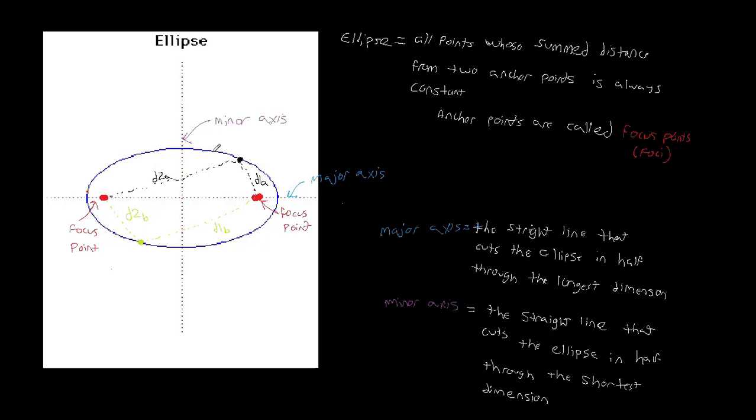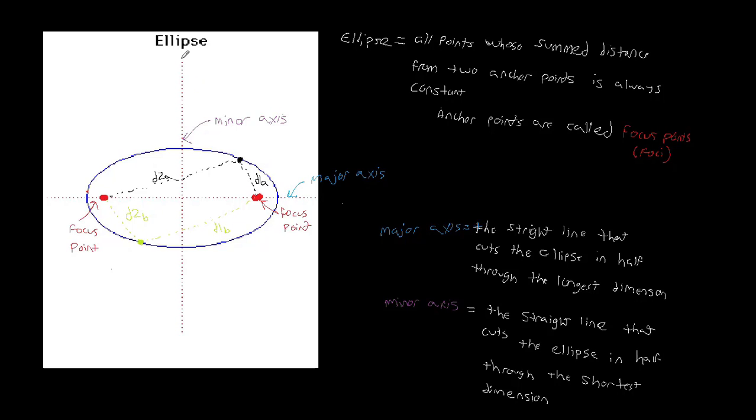Again, we defined that those two points that anchor the ellipse are called foci, or focus points. And then we talked about the two axes. You can imagine having some lines that cut the ellipse into pieces. One line going left to right, horizontal, would cut the ellipse in half, top and bottom.